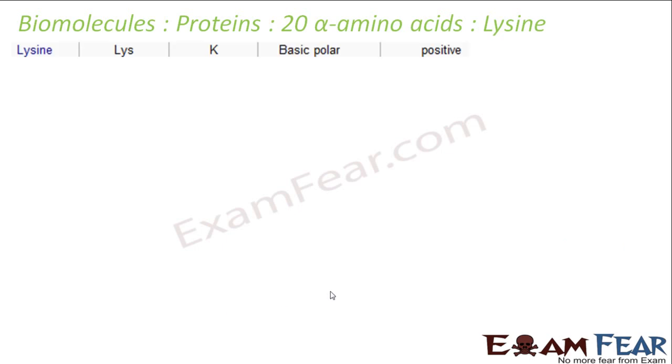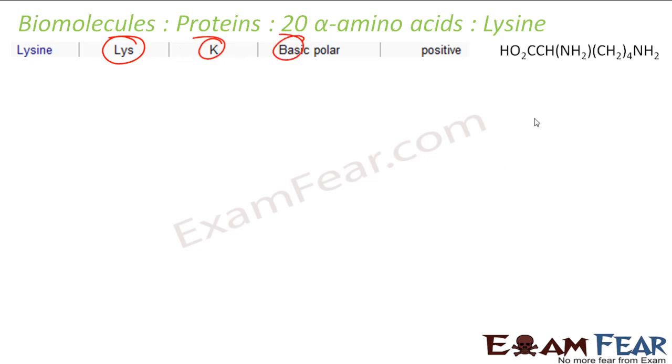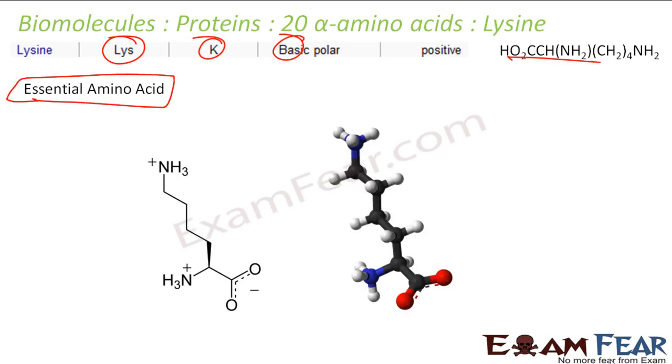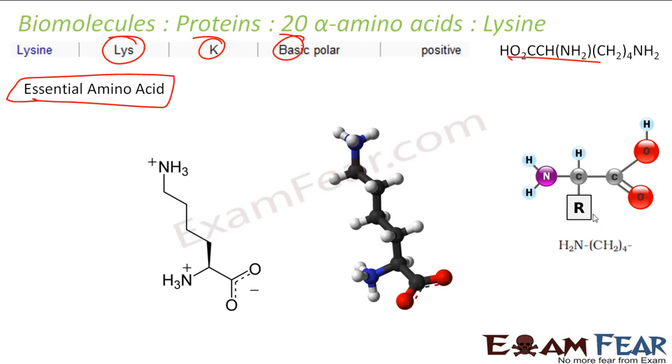The next is lysine. LYS is the 3-letter denotation. K is the single letter. It is basic. This is the molecular formula of lysine. This is also an essential amino acid. This is the structure of lysine. If you compare, R is nothing but this guy.